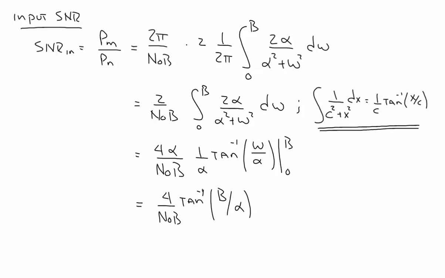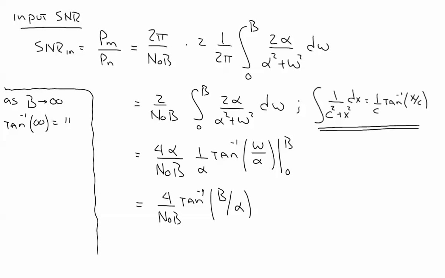Now, that particular result is what it is. It's not particularly interesting in and of itself. But let's look at what happens, as an aside, as the bandwidth gets larger and larger, the arctangent function becomes pi over 2.